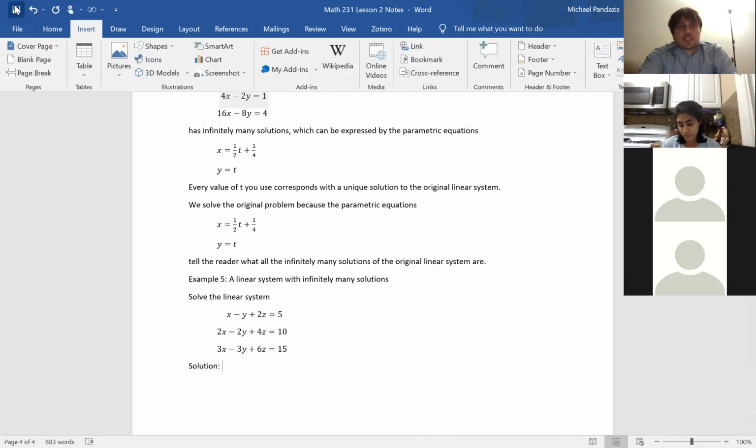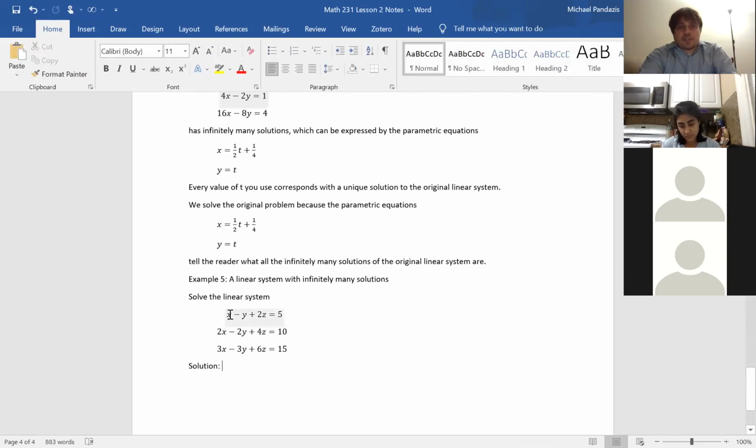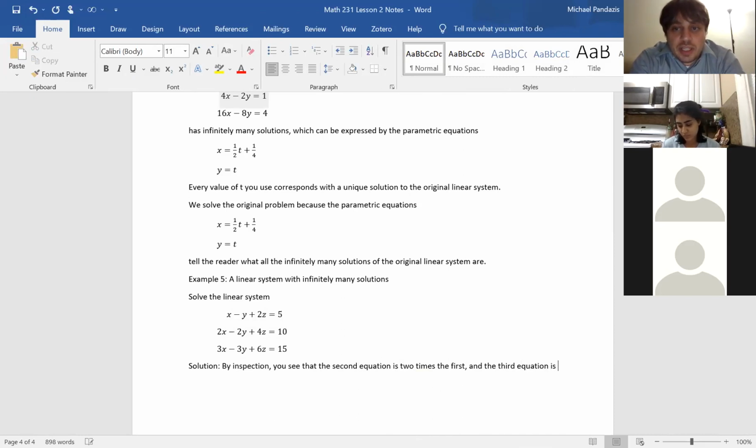Okay, so if you just inspect this system, you can see that the second equation is 2 times the first equation, and the third equation is 3 times the first equation. So by inspection, the second equation is 2 times the first, and the third equation is 3 times the first.